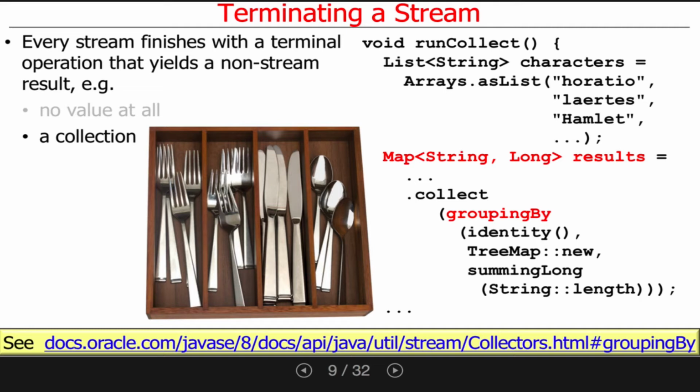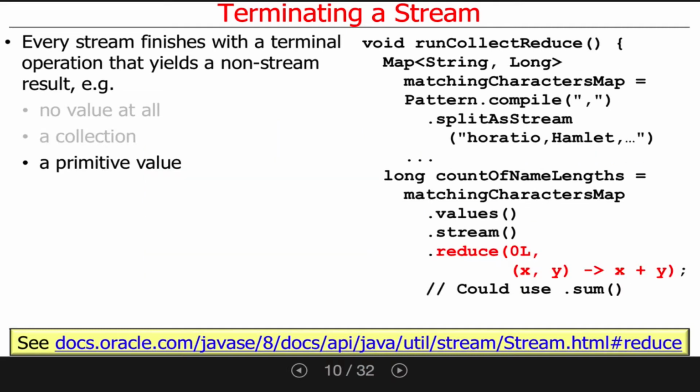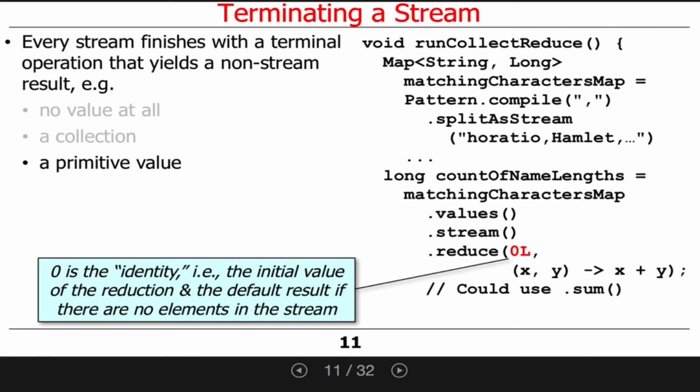So you can see that collect can also transform the results a bit as it puts them into their final output format. You can also return a primitive value. I think I showed this before: reduce. Reduce is a way of having reduction operations that manipulate the stream up to that point and then fold everything back together into a single result.